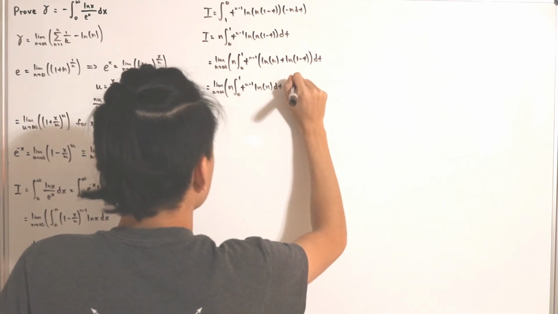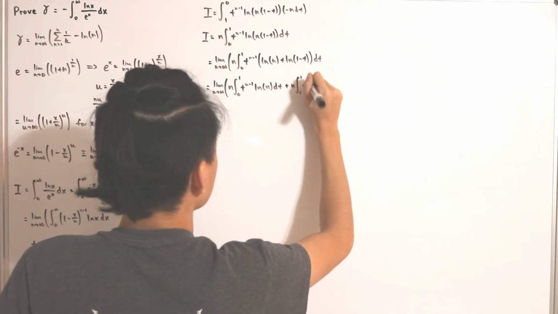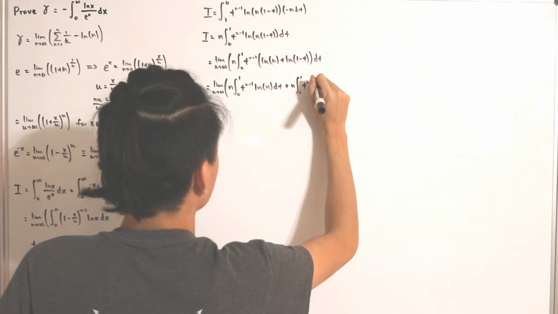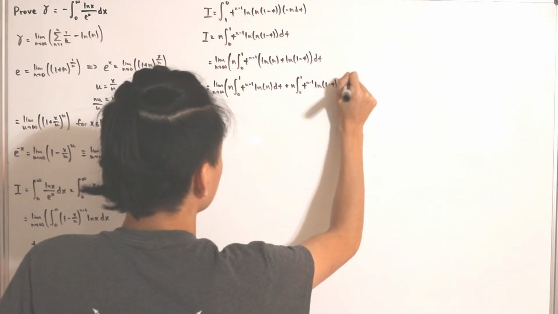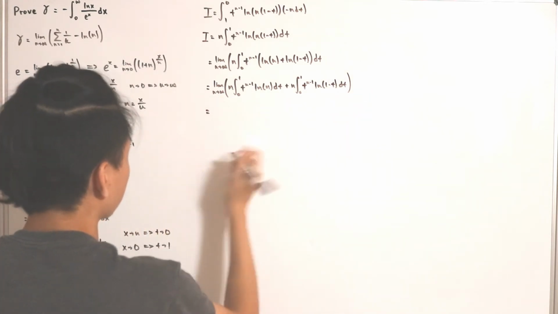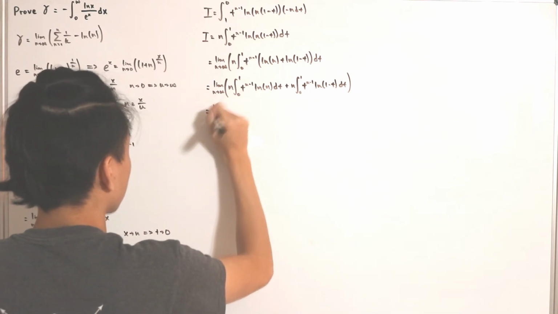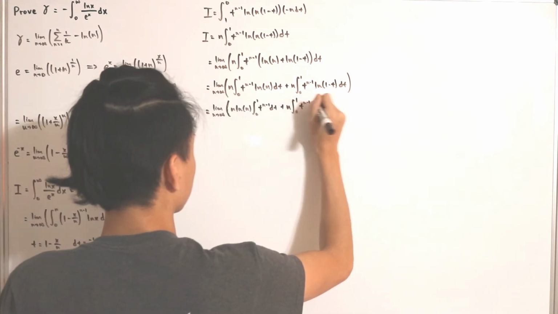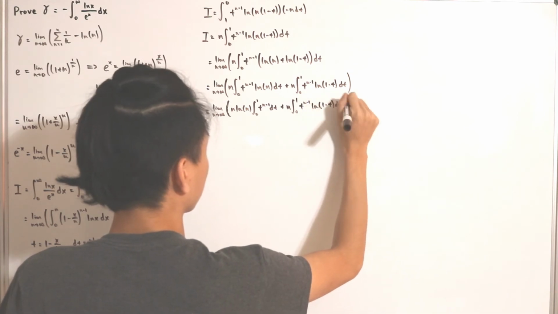Then plus n times the integral from 0 to 1 of t to the n minus 1, then multiplied by ln of 1 minus t, dt. Okay. Now, next step, like I said, ln of n is just a constant, so I'm just going to move that outside.